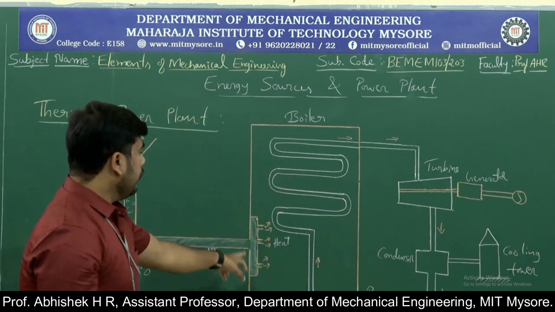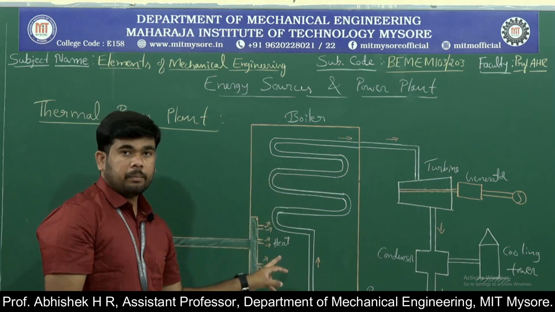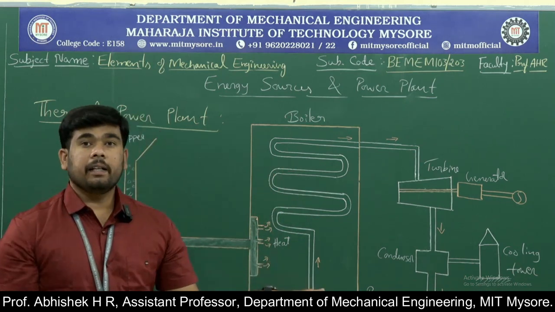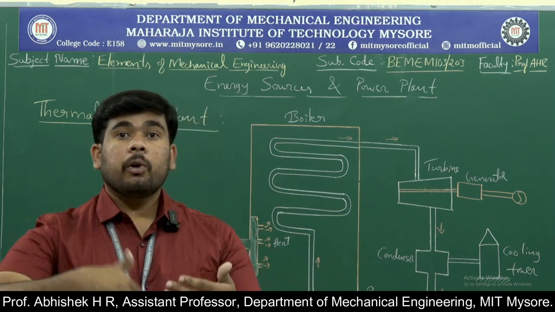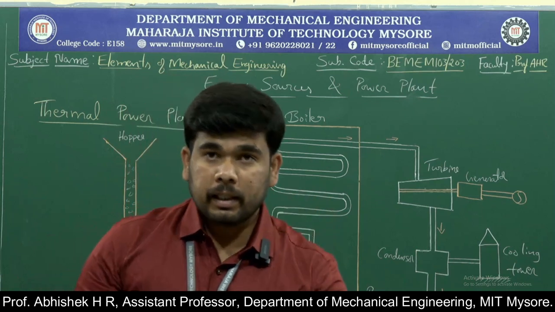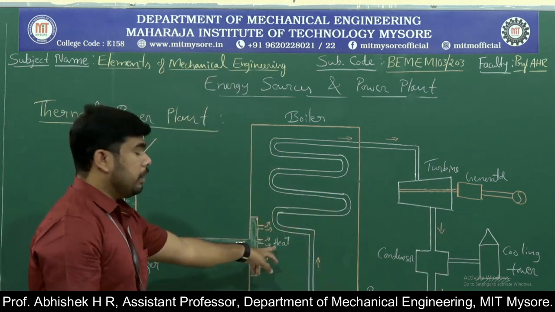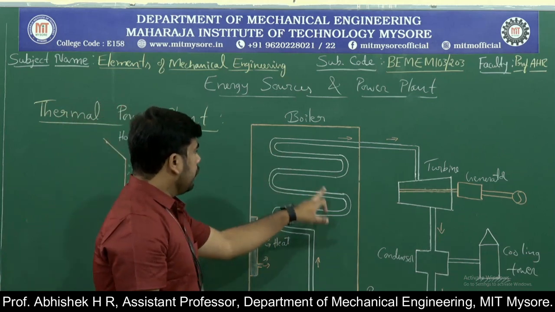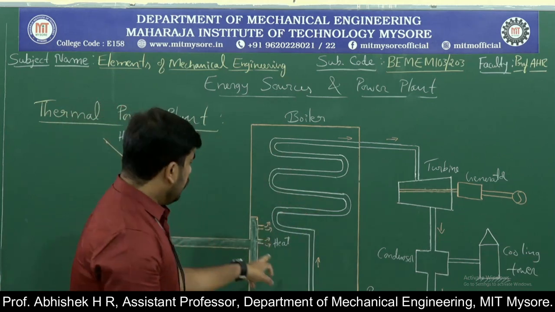Inside the boiler you can see the piping setups. We supply this heat to the boiler, which is generated when we burn this coal. In this boiler we have piping arrangements.